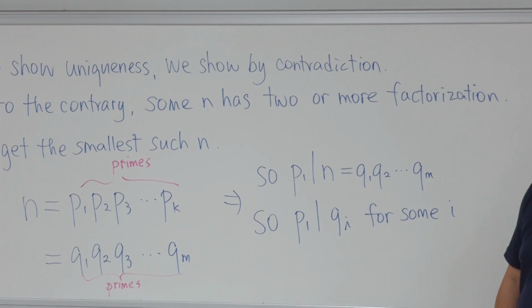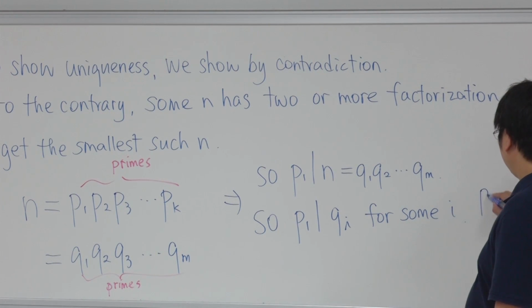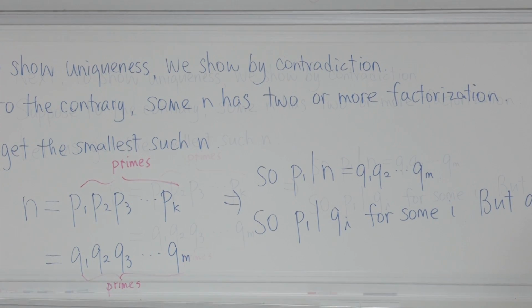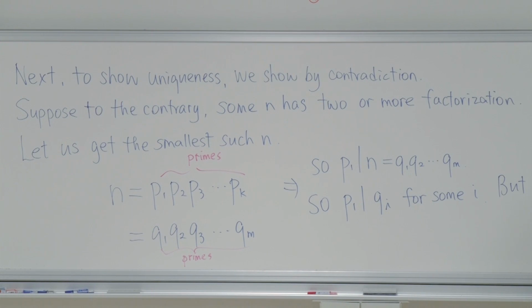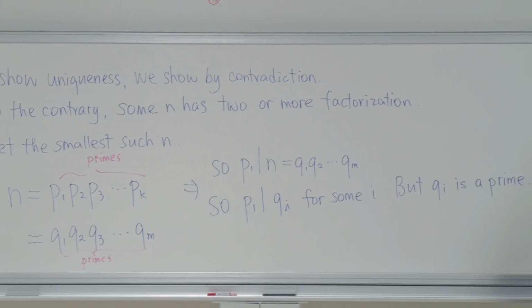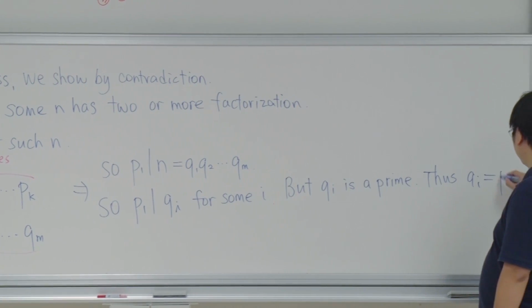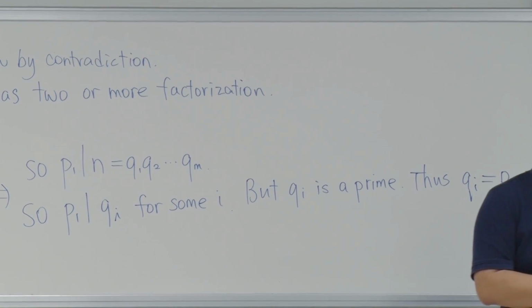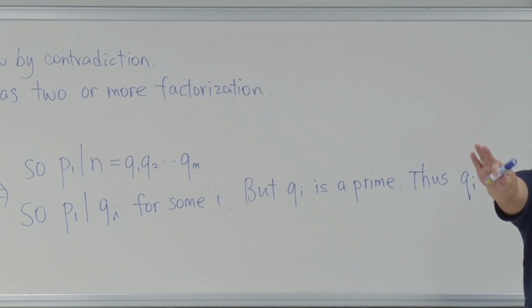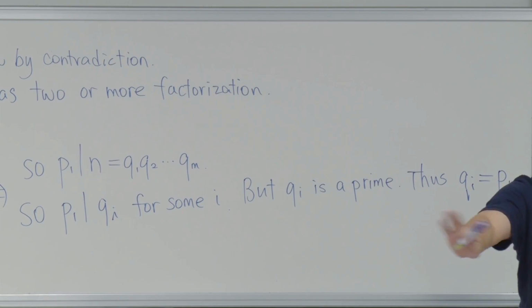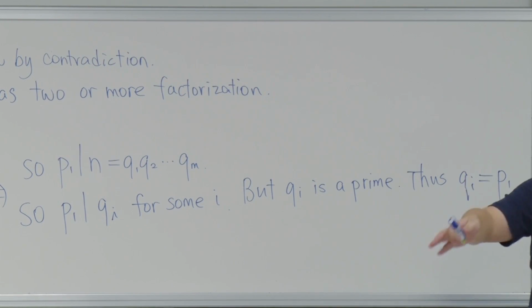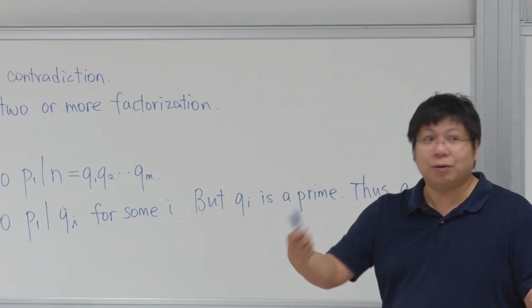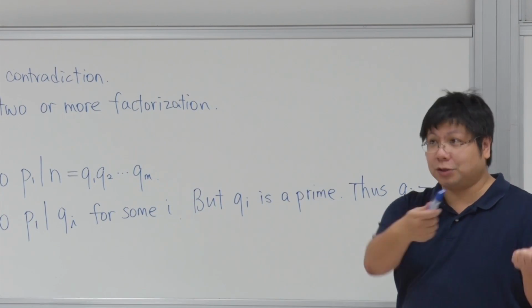But qi is a prime, so we must have qi exactly equal to p1. Since p1 divides qi, and qi cannot be made smaller, the largest common factor of p1 and qi is p1. So qi, being a prime, has to be exactly equal to p1.